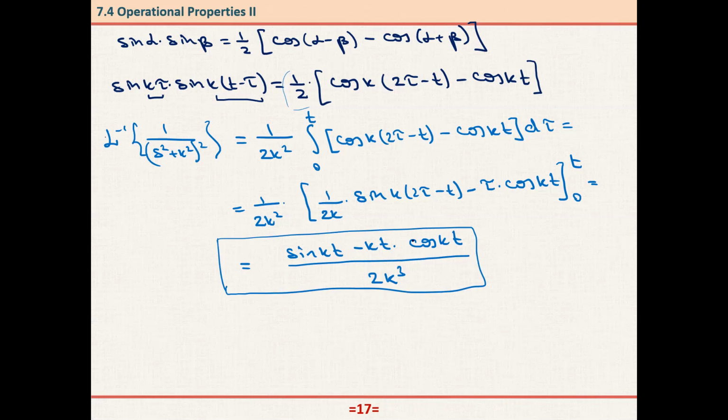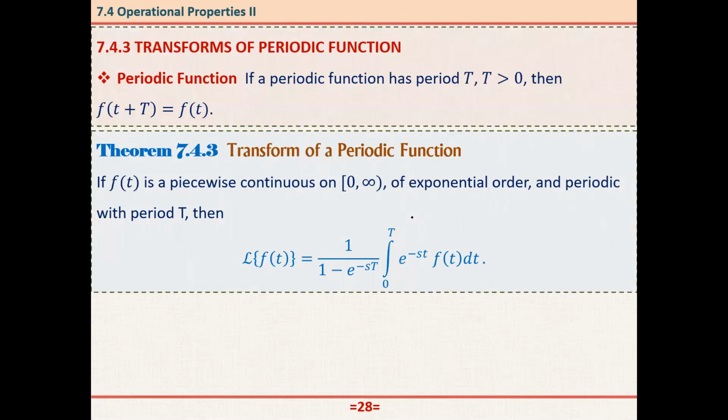All right. Guys, the last thing now we're going to talk about is periodic functions. That is the last concept here, and I will finish this course, this semester. Transforms of periodic functions. And from trigonometry or calculus, you know what we mean by a periodic function.